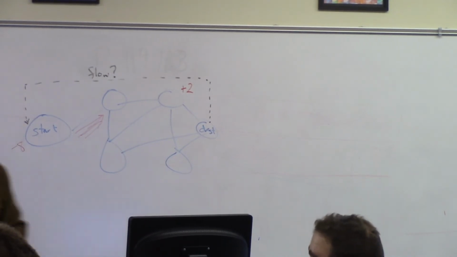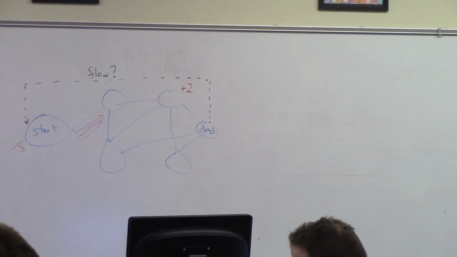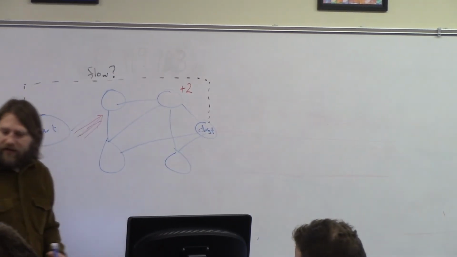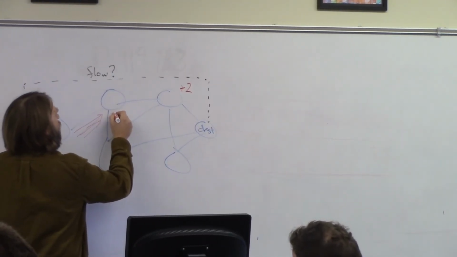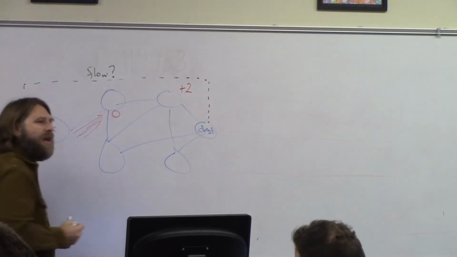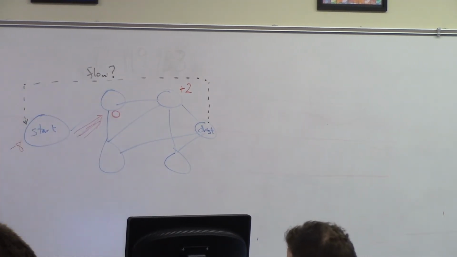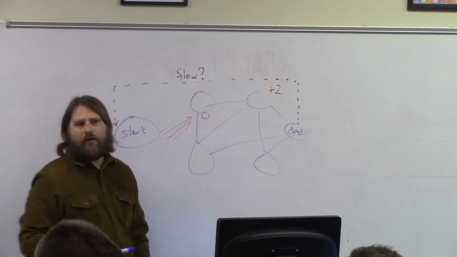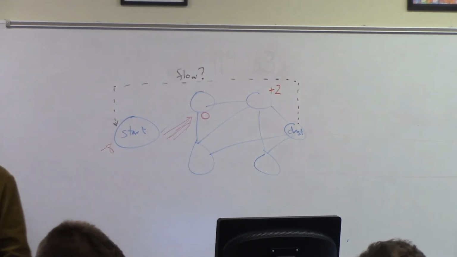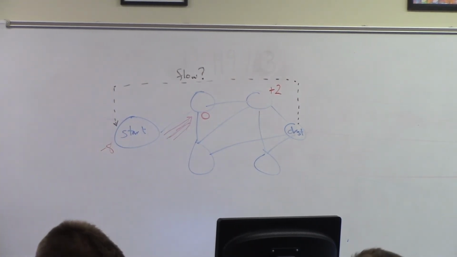Okay? So, we don't have it on our example, but let's think about the node that has a 0 by it. It doesn't have plus, it doesn't have minus, it has 0. Okay? What should be true about this node? About the cars coming and going from that node?